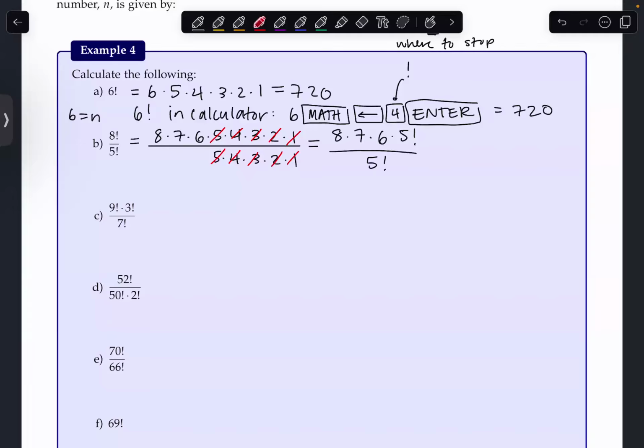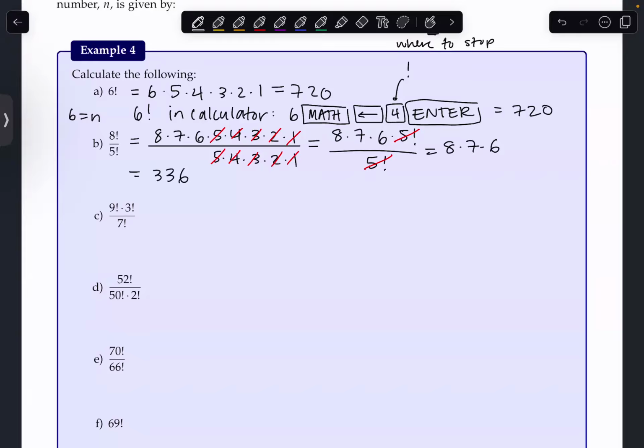And because I'm multiplying, I can just cancel these out. So I have a much faster way to simplify my work instead of writing every single digit that shows up in my product. And then I can put this into my calculator to get 336.